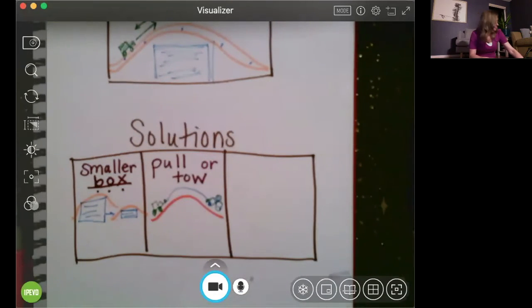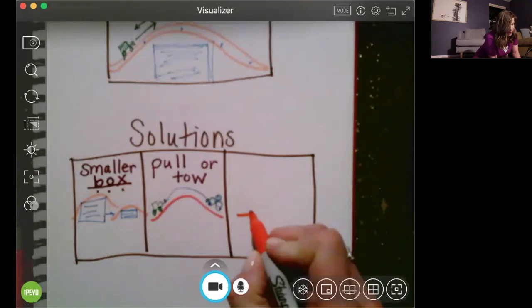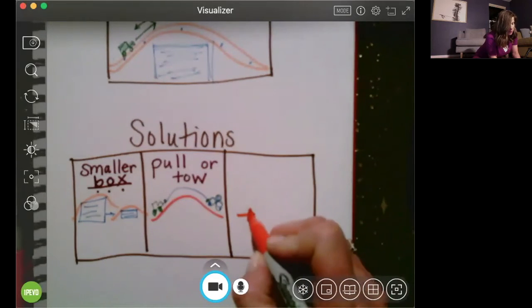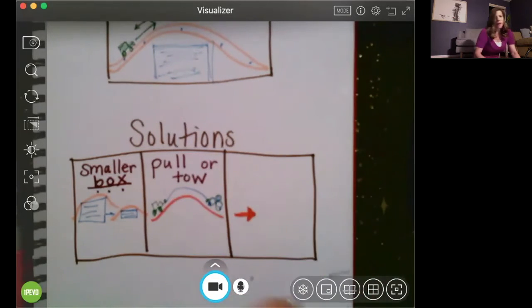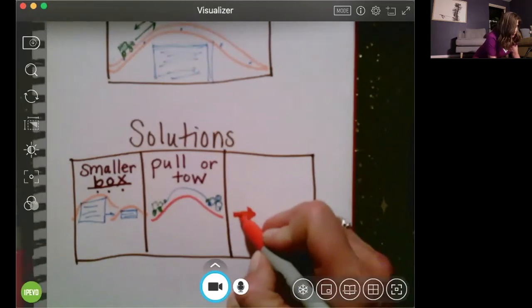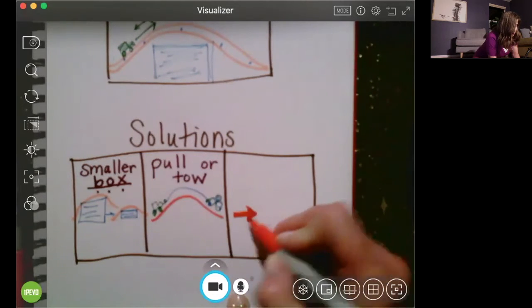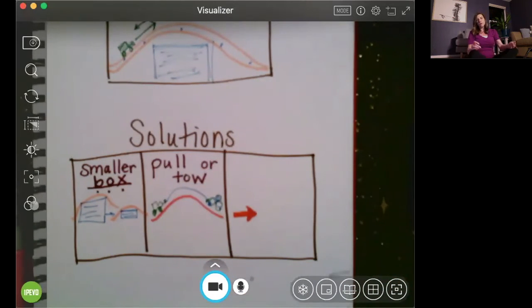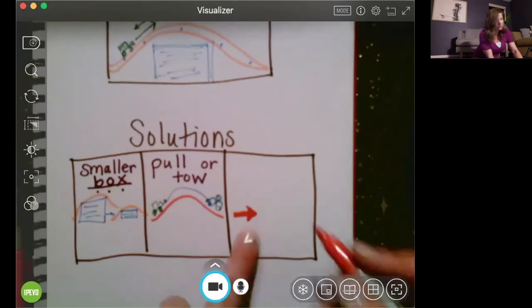Okay, the third solution involves something that I would do. So instead of just pushing it gently, like I kind of was, I'm going to draw a smaller arrow. When we draw forces, we usually try to make the arrow indicate the amount of force that the object is having exerted on it. So here's the amount I was using.